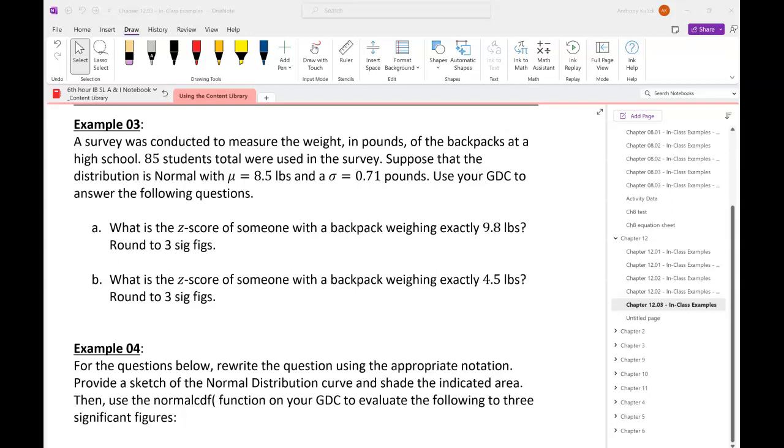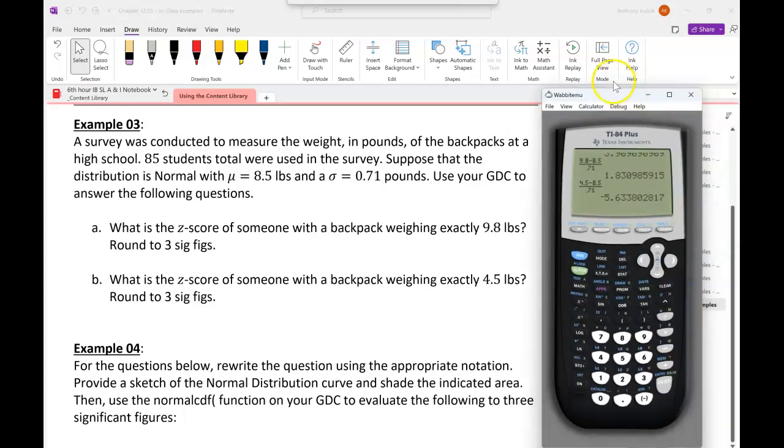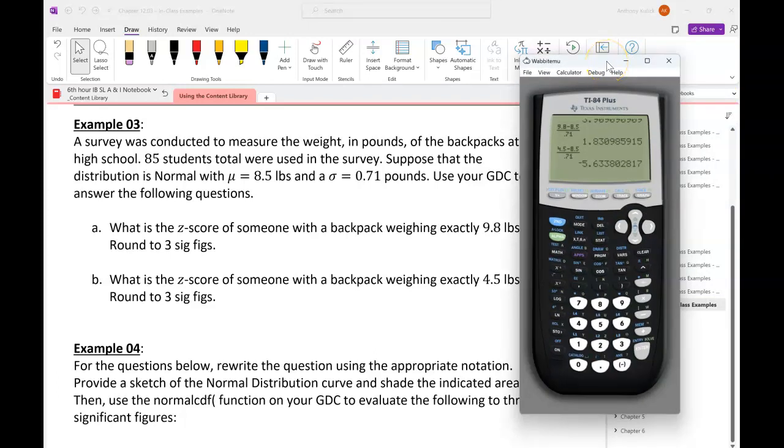Mr. Kulik would be asking, what's that person with the 4.5 pound backpack? How much homework are they really doing here? So if I look at the z-scores, I would have got 1.83 and then negative 5.63.